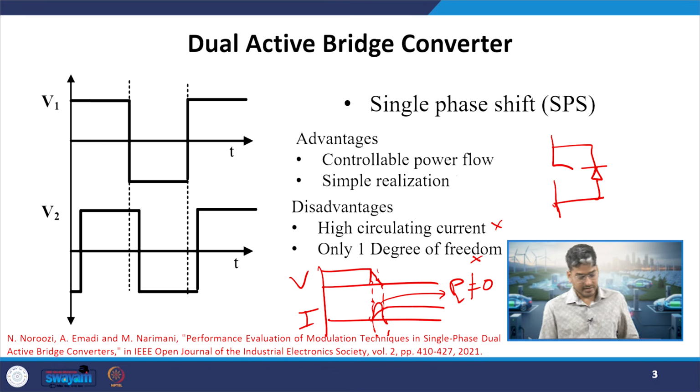So, generally we try to maintain ZVS switching for our DAB circuit. So, how can that be done? That can be ensured, ZVS or zero voltage switching, if this diode comes into conduction prior to the switching of this circuit. Okay. Suppose I am turning on this switch S1. Before the conduction of S1, if I ensure that the current is flowing through the antiparallel diode, so the diode will be in the conducting state.